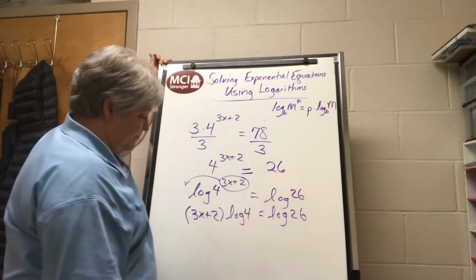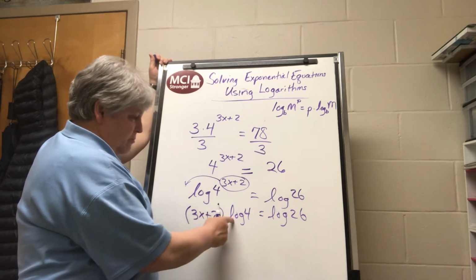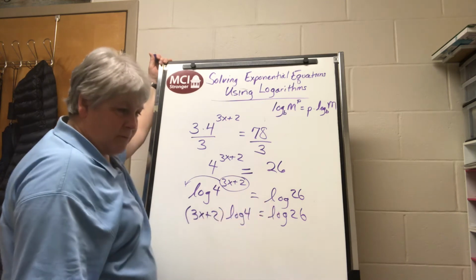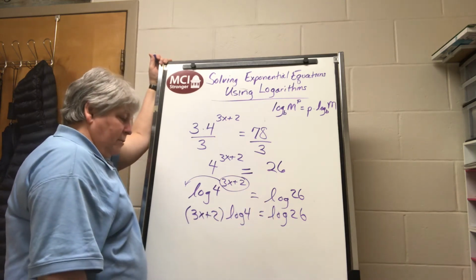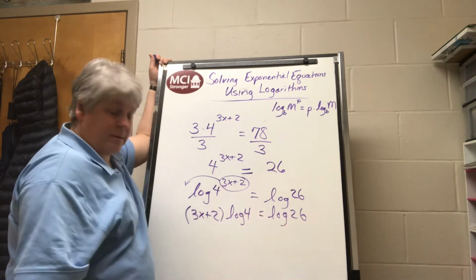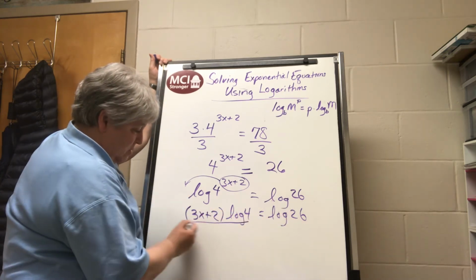Some people distribute this through and then bring the second term that results over there. But I don't see any problem with dividing by log 4 on both sides to begin with. So I'm going to divide by log 4.